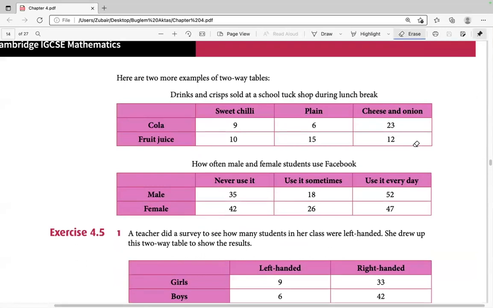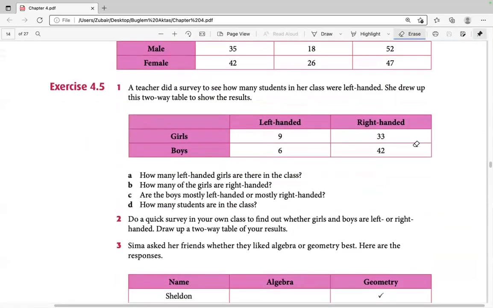Let's get started with the question directly. It's not that hard. The teacher did a survey to see how many students in her class were left-handed. She drew up this two-way table to show the results. So we're talking about girls and boys and left-handed and right-handed, and the data is in front of us. How many left-handed girls are there in the class? 9. How many of the girls are right-handed? 33.